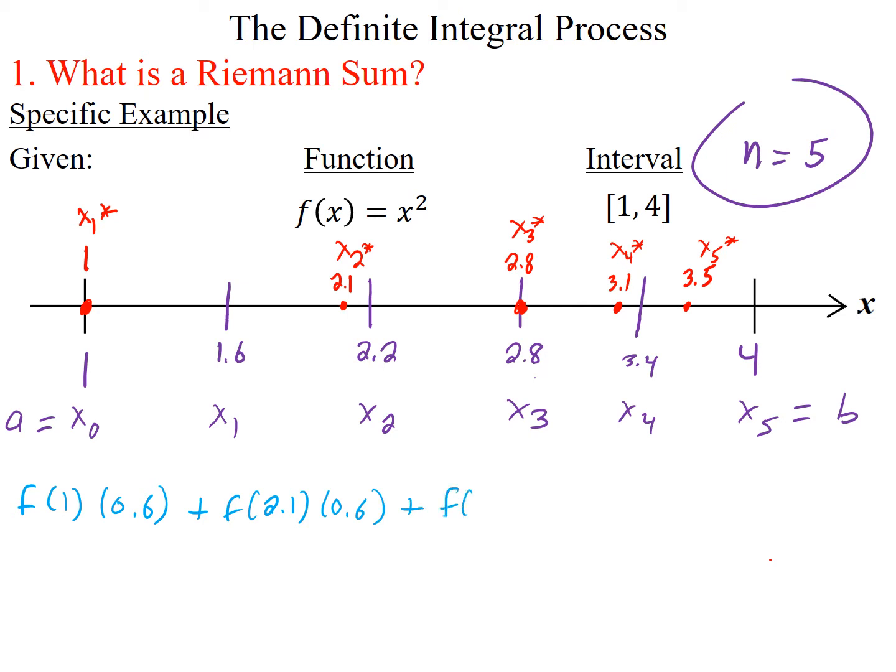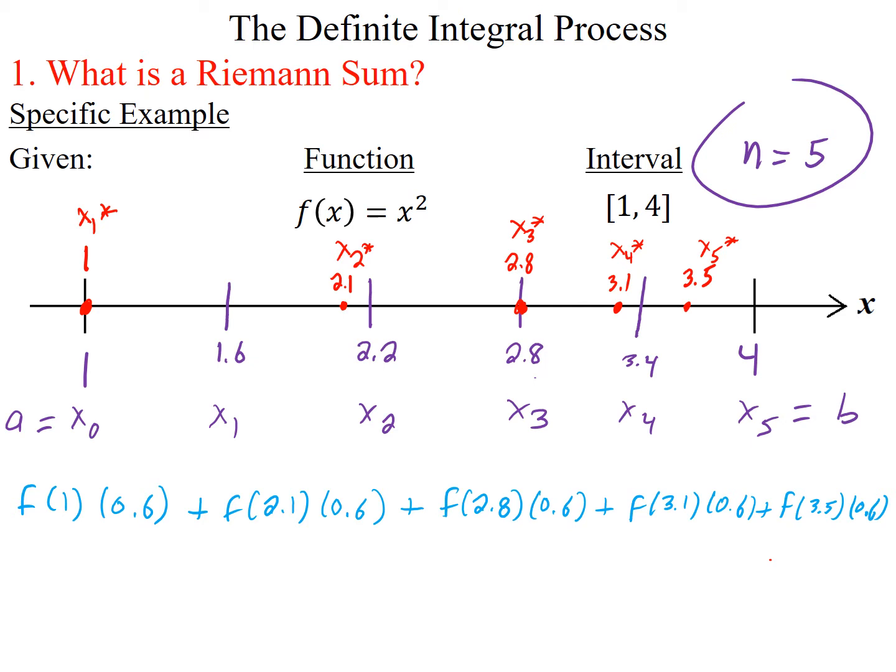And then you multiply by the width of the third interval, which was 0.6. Then plug in the fourth one to the function, 3.1, times the width of the interval, 0.6. And then you plug in the last one, f of 3.5, times 0.6. Okay, so one more time. You plug in each number that you picked from each interval into the function, multiply by the width of the interval, and then add them all.